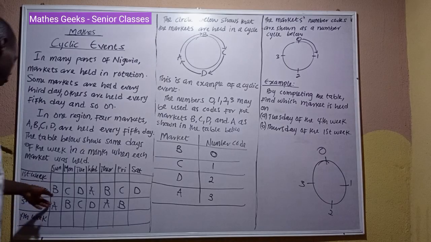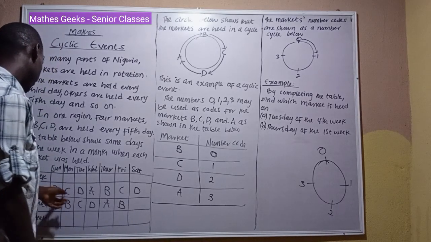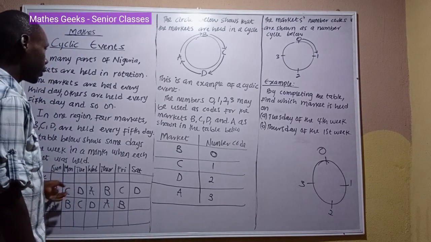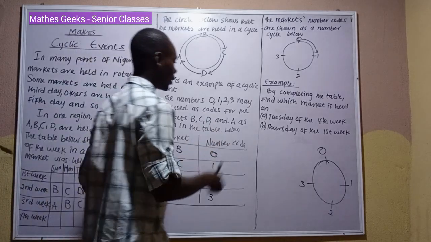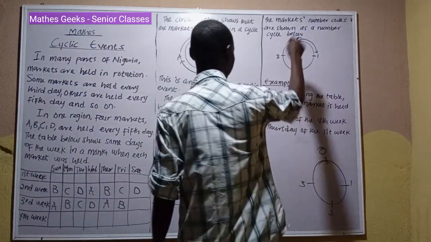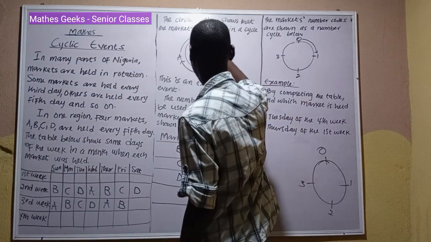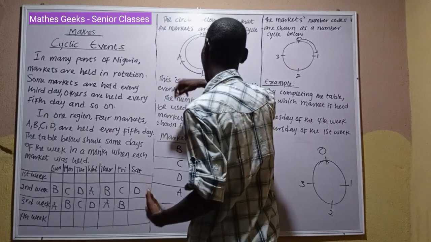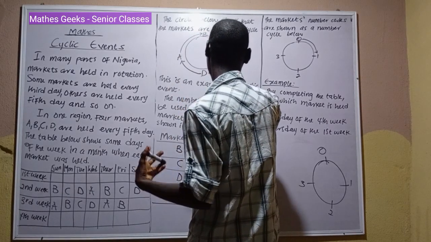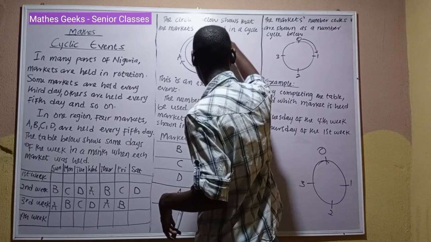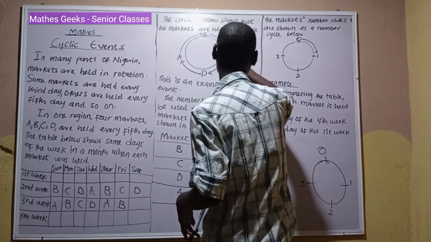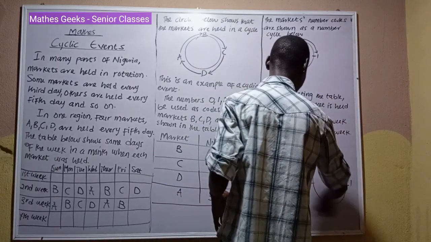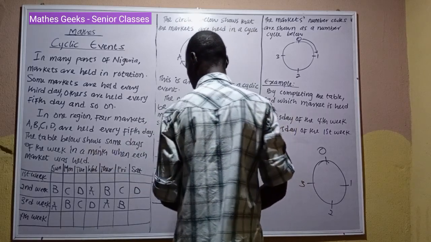So between B and C, there's an interval of 4 days. That's the implication. When A is held and then B is held, there was an interval of 4 days. After B, there were 4 days before market C was held. So we're going to be rotating to fill up this table.